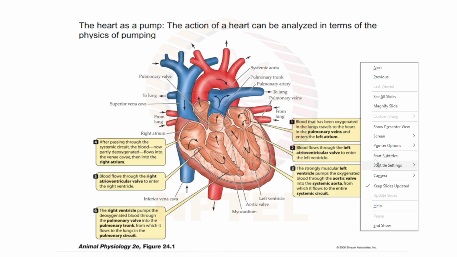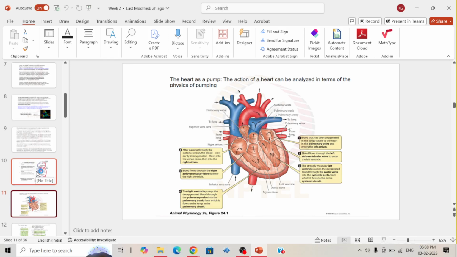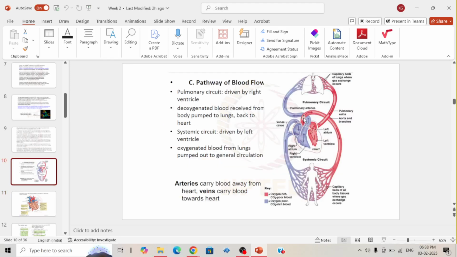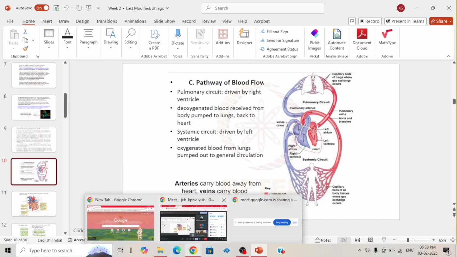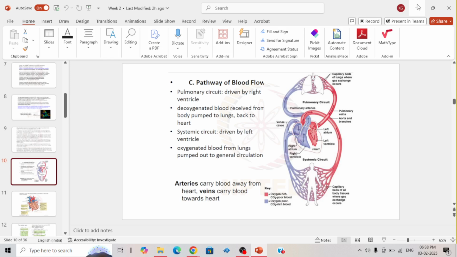When the right ventricle contracts, the pulmonary artery's semilunar valve opens due to the pressure, and the deoxygenated blood enters the pulmonary artery. The pulmonary artery will take this deoxygenated blood to the lungs, and in the lungs we have alveoli where the exchange of carbon dioxide with oxygen will happen.